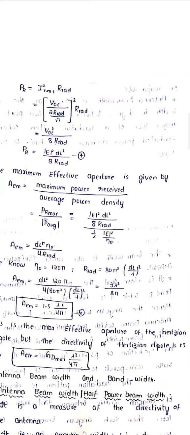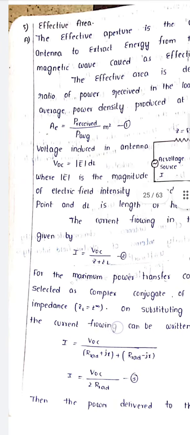If you substitute, you will get V_OC squared divided by 4 R radiated. There is a small mistake here: this is not 8, this is a 4. Make the correction.